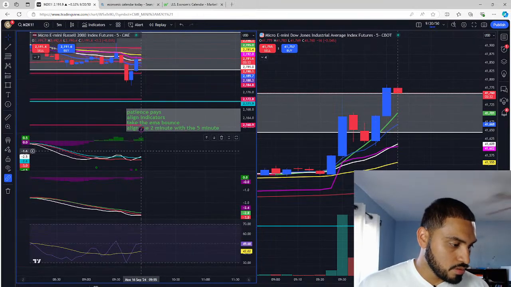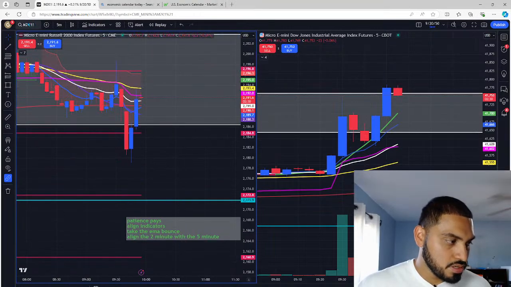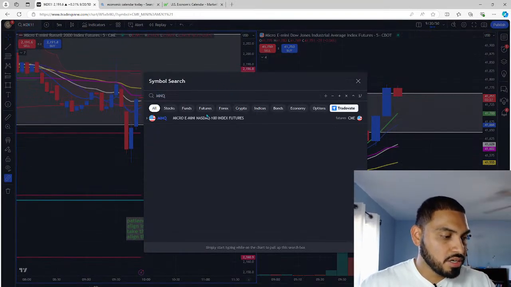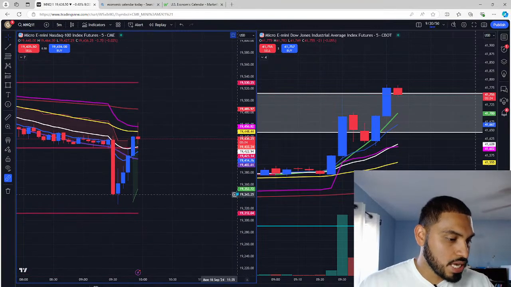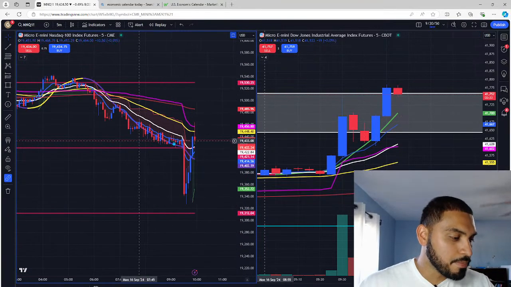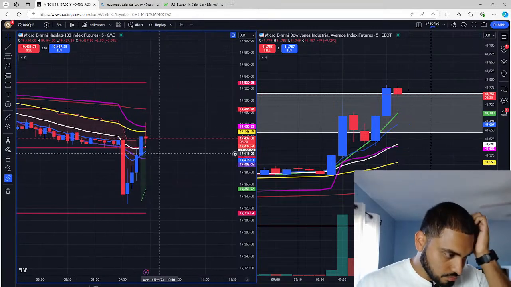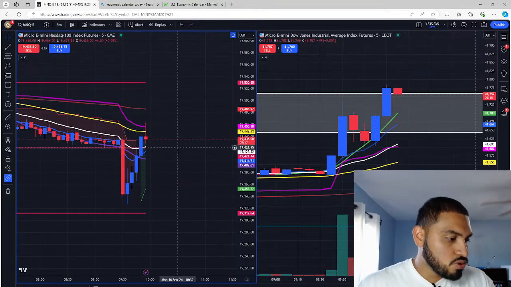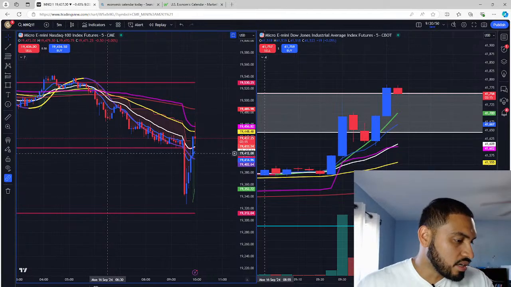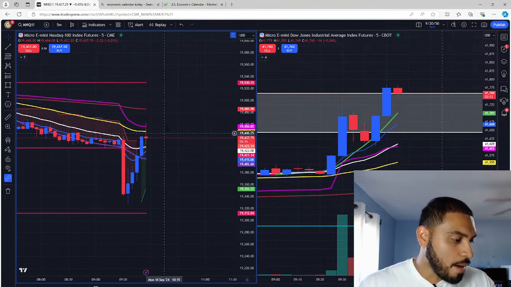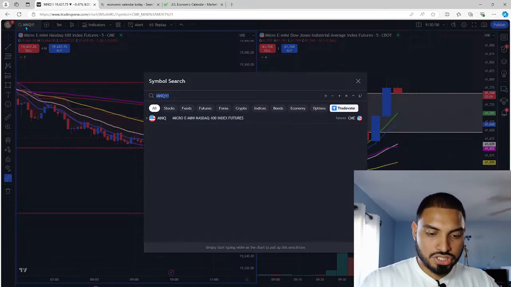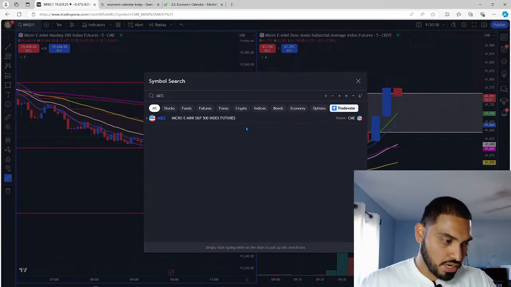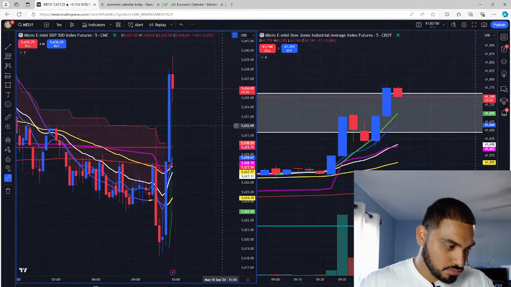Okay, still pretty bullish. So I mean, take a look at what the Nasdaq is doing. It's pretty much doing the same thing. The Dow Jones is the only thing that went bullish. But MNQ, the Nasdaq, is not doing anything at all. It's under the 200. It's climbing up, trying to pop back up. Not really doing much. Let's go to MES.